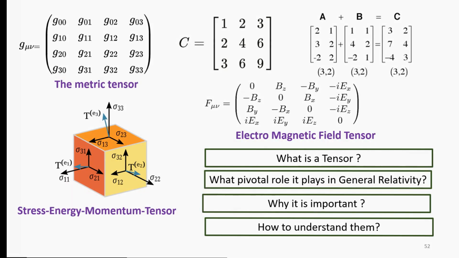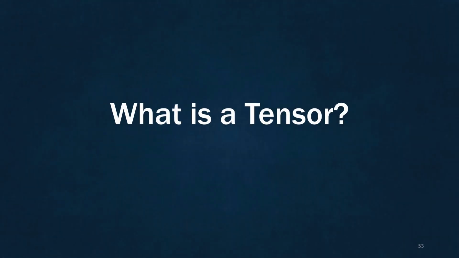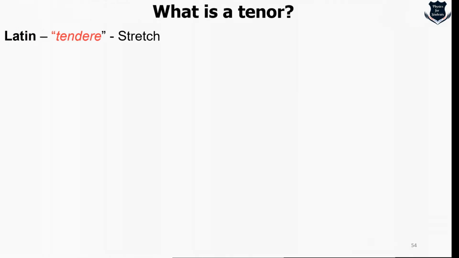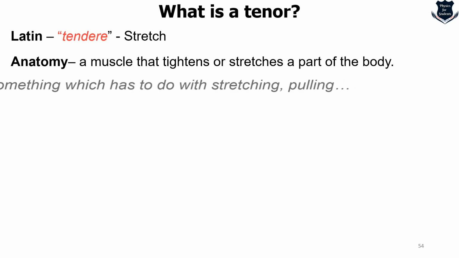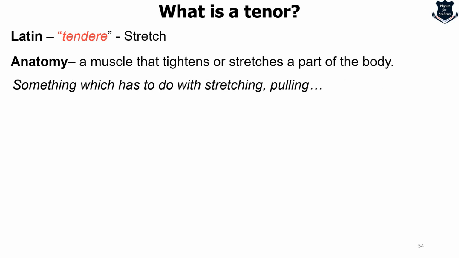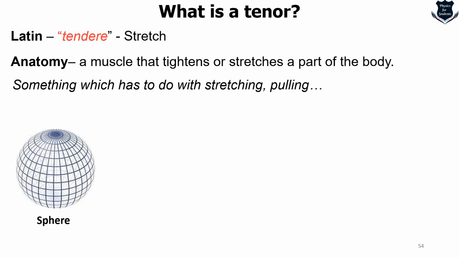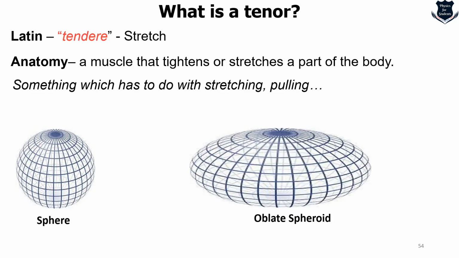So first let us understand in general what a tensor is, although it will take a long time to cover it. Tensor actually comes from the Latin word tendere, to stretch, and in anatomy it is also used for a muscle that tightens or stretches. So from here we understand that if we take a sphere and stretch it into an oblate spheroid, then whatever physics or data is happening over here gets stretched over there.